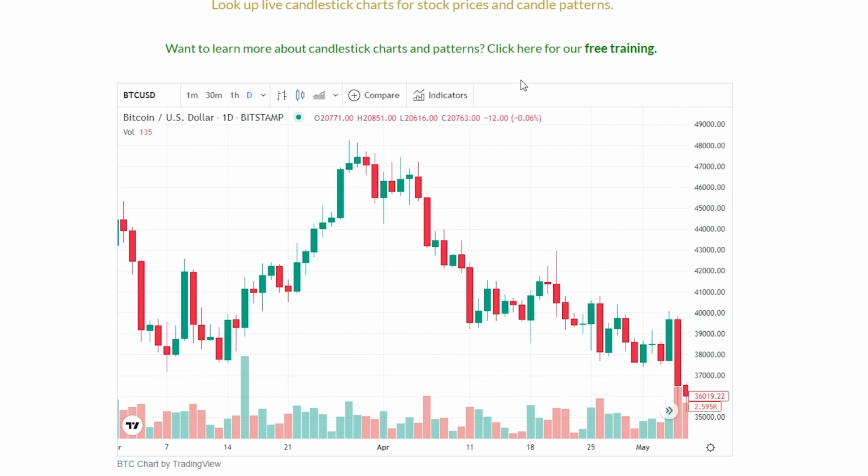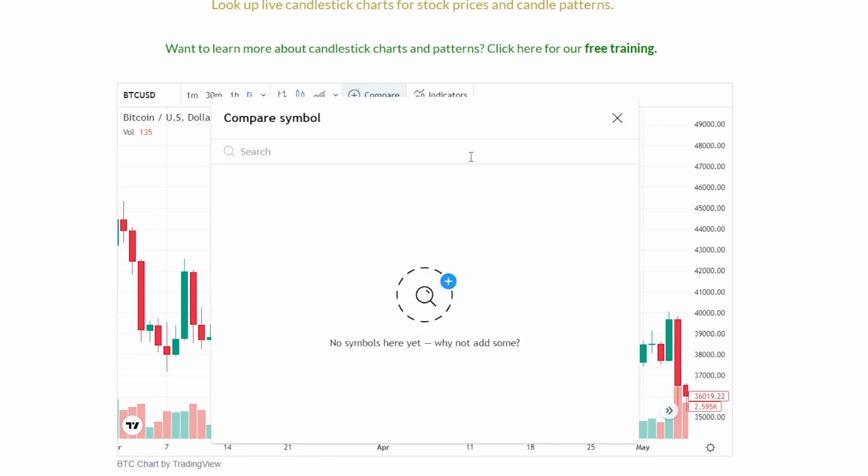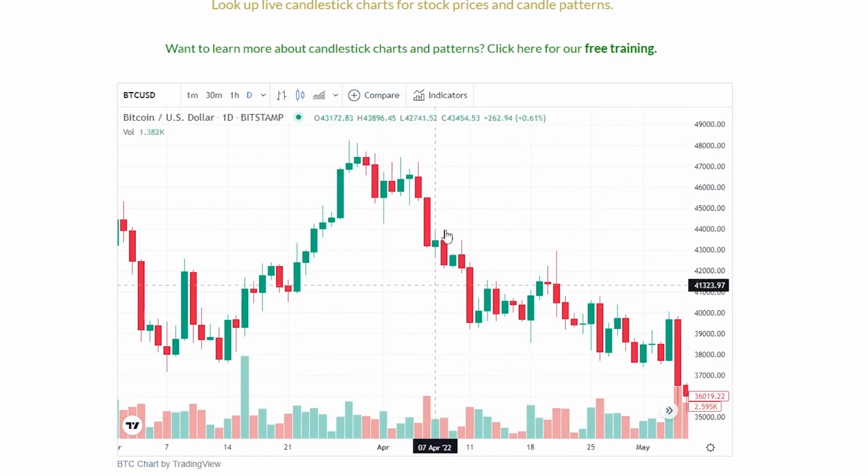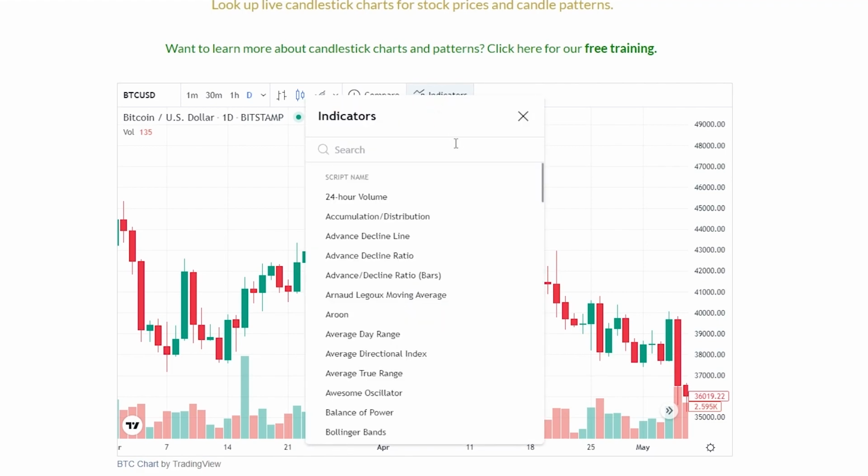And if I show you the different features regarding all these candle charts, if we go on compare, we can compare different types of stocks or different types of cryptocurrencies, and we can compare their graphs or charts. And if we go on indicators, we can add different types of indicators that indicate different things.